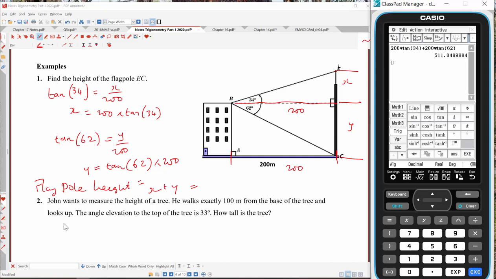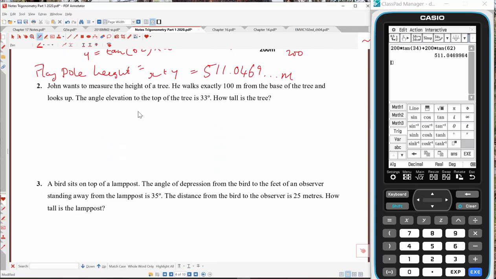And it's saying that it is 511.0469 dot dot dot. We're in meters in this case. So again, without suggested rounding here, we'll just leave it at that until it says to 2 decimal places or whatnot.